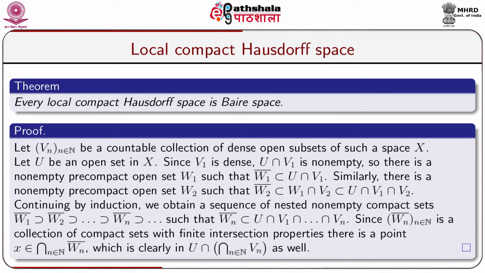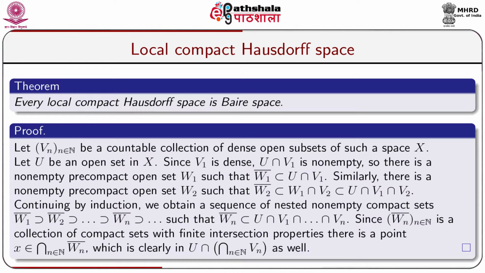Now, by applying local compactness, there exists an open set W1 in X whose closure is compact such that x belongs to W1, which is contained in closure of W1, which is contained in U intersection V1, where closure of W1 is compact.